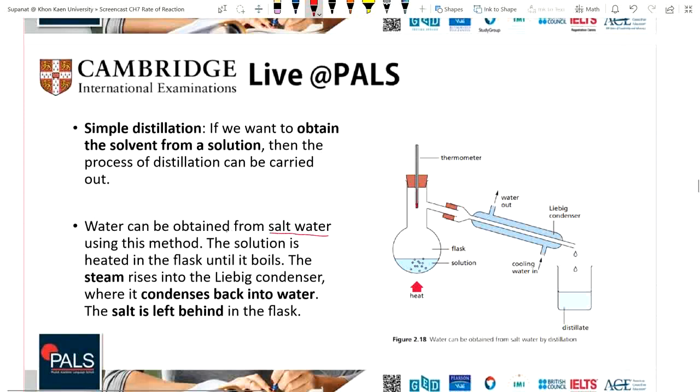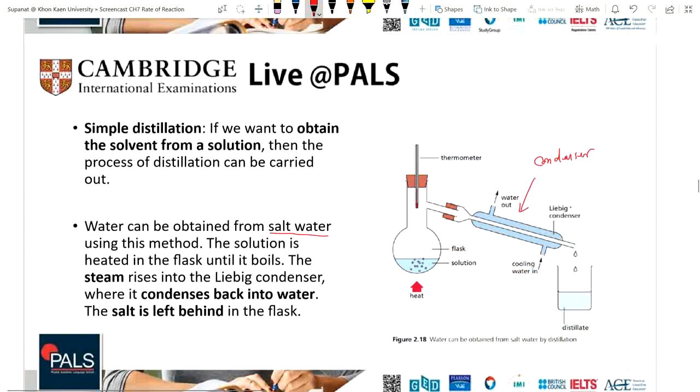Using this method, we can purify the water to get fresh, drinkable water, by using simple distillation. The solution is heated in the flask, the round-bottom flask, until it boils, and the steam rises into the condenser. Here, it's called the condenser.